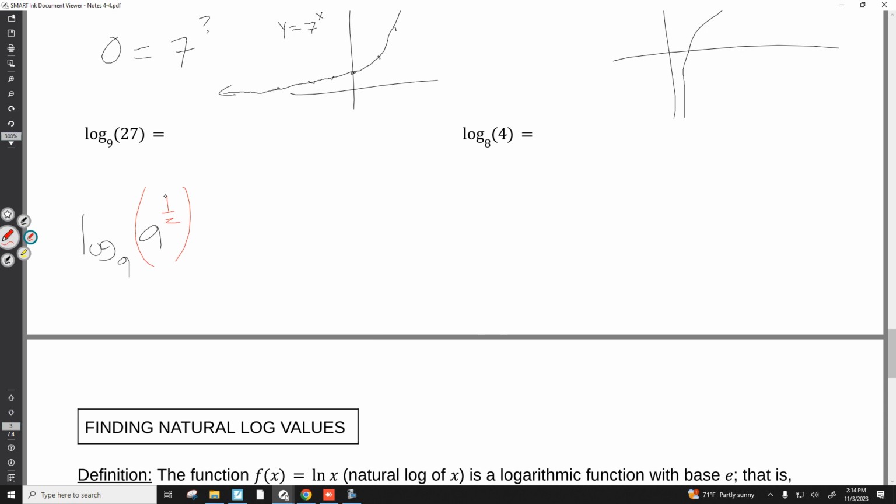I want the log base 9 of 27. So this isn't true. But I know that 3 cubed is 27. So I can think about 9 to the 1/2 to get 3, cubed to get 27. I get that the log base 9 of 9 to the 3/2 is the same as the log base 9 of 27. You can try to figure that out. 9 to what power equals 27, but it's really the same thing.